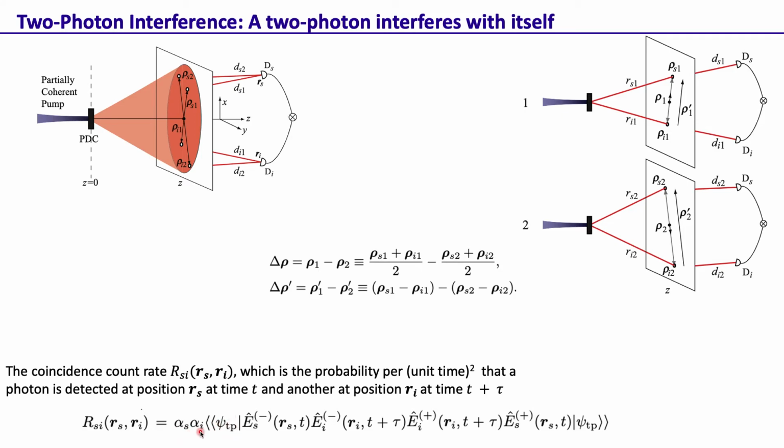These are the detection efficiencies of the two detectors, and here we have these four field operators: Es minus, Ei minus, Ei plus, Es plus. Again, this one is the expectation value of this field operator, and the second one is the ensemble average over those expectation values when the state psi Tp is not pure, when it is mixed, and that's when we need to do a second average.